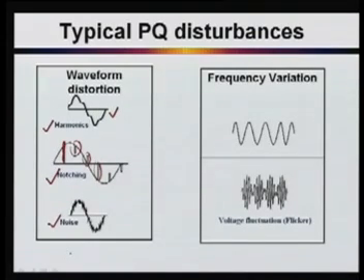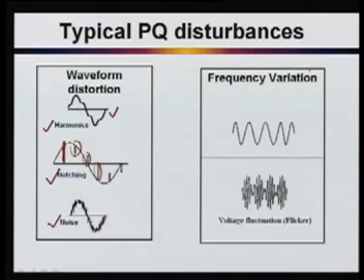Noise may be white noise, meaning its mean will be 0. It is basically superimposed on your sinusoidal curve, and you can see some noise coming here, and then it is called noise. We don't want this because these noises create extra losses, and they may also create interference with other neighboring circuits and so on.